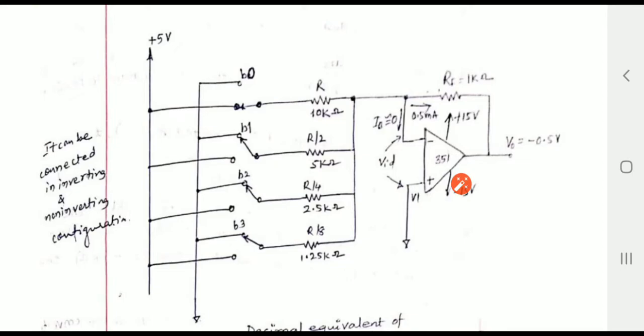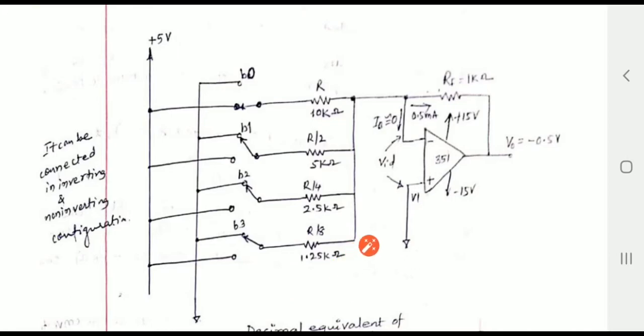Here we have chosen the inverting summing amplifier where B0, B1, B2 and B3 are used as input signals, and plus 5 volt is used as an input and it is also connected to the ground. Based on the binary inputs, we connect each either to the plus 5 volt or to the ground.